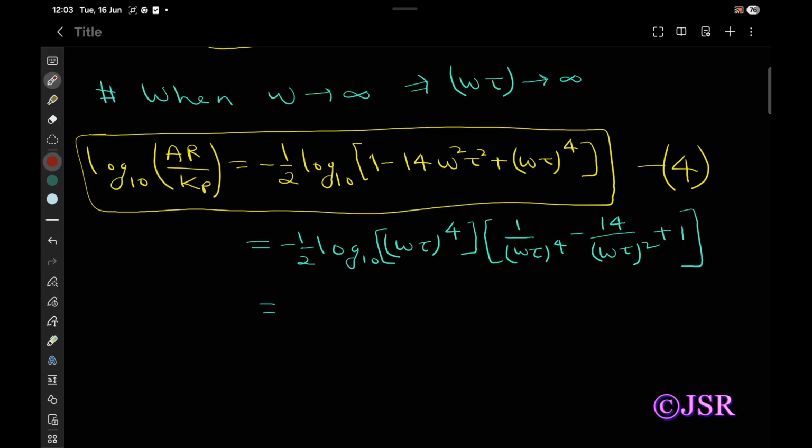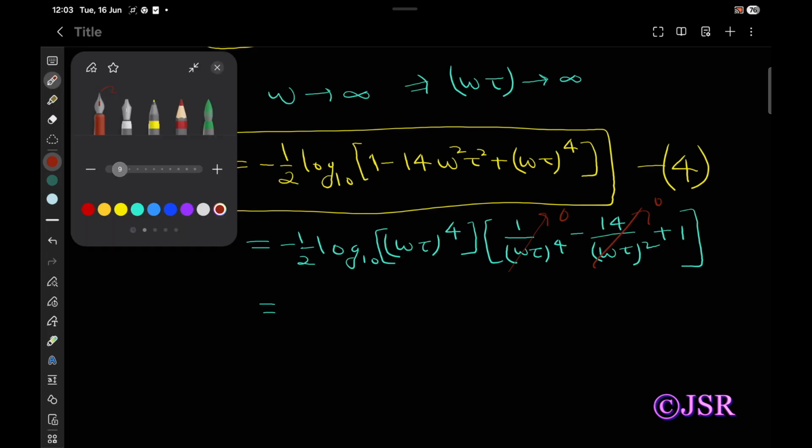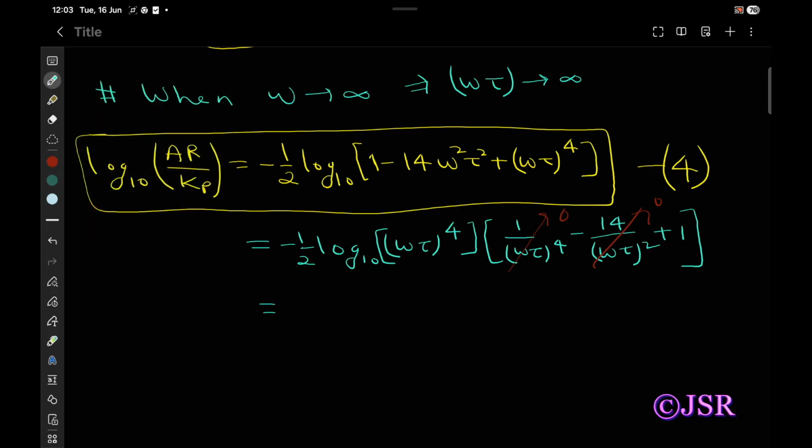So therefore this term will be 0, this term will be 0, so we will be having only this first term. So we will have minus 4 log 10 omega tau, so we have minus 2 log omega tau.